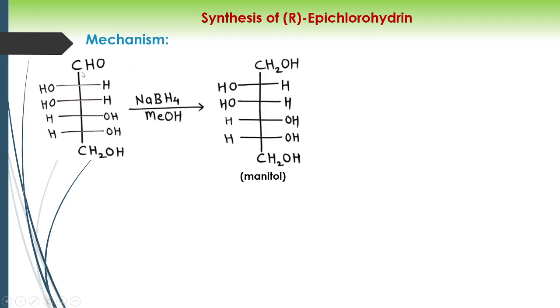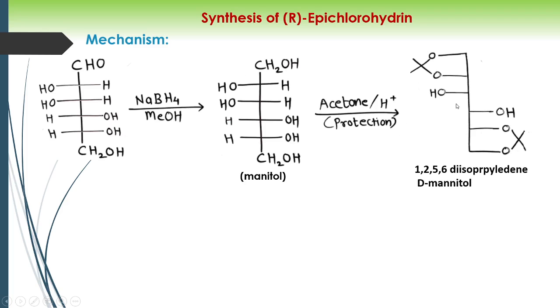There is a reduction of this aldehyde group, and we get the CH2OH. In the next step there is a protection of diols. Here is a diol, and this diol can be protected, and we get the 1,2,5,6-diisopropylidene D-mannitol, or you can say it is a diacetonide molecule.